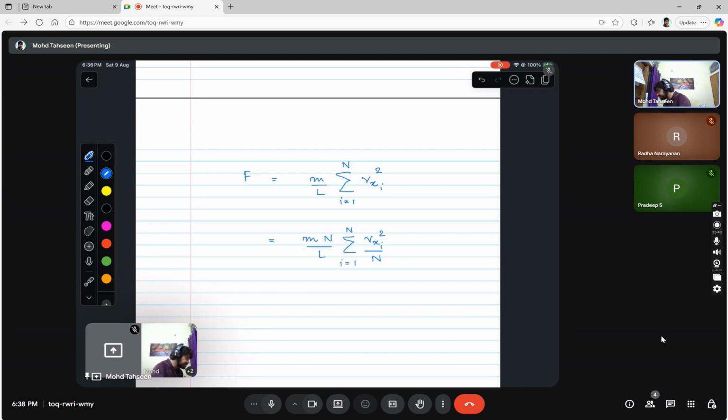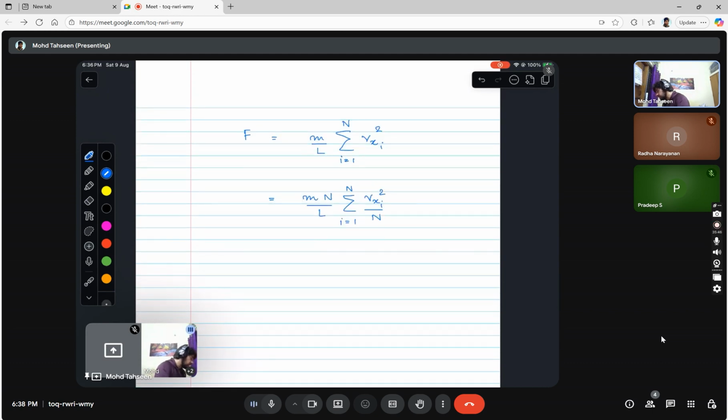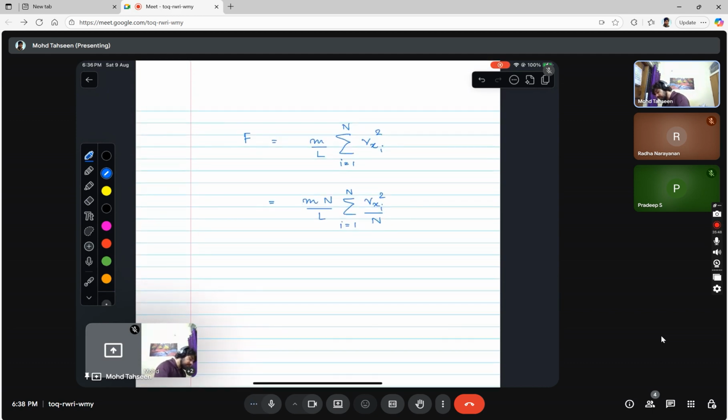I'll write it as m n upon L, and I'll write this quantity in these brackets, and this is called the mean square velocity, right?